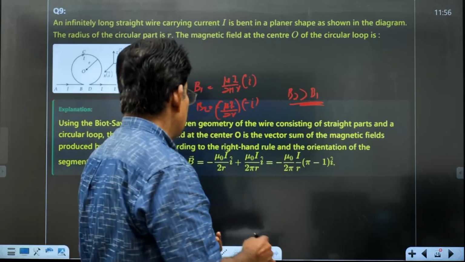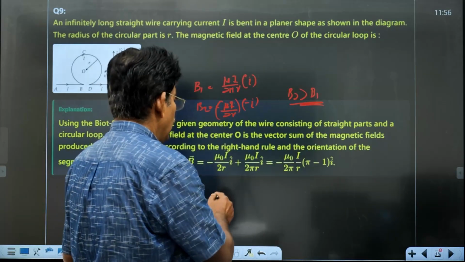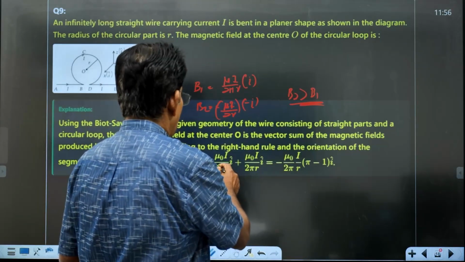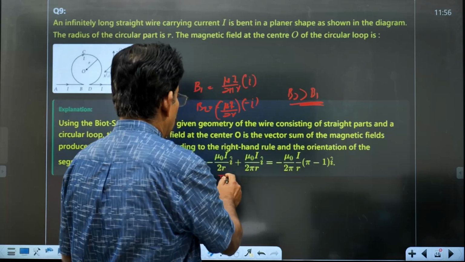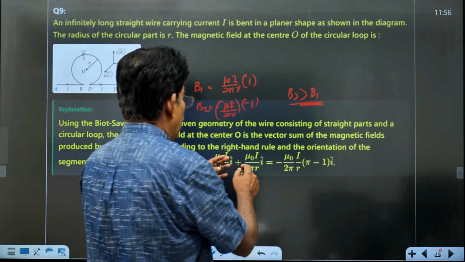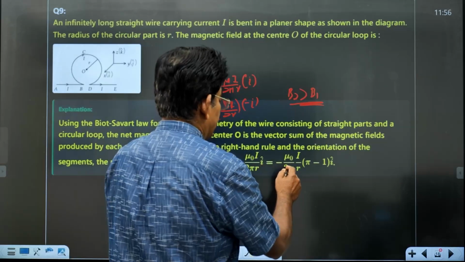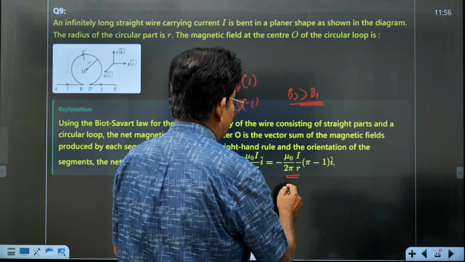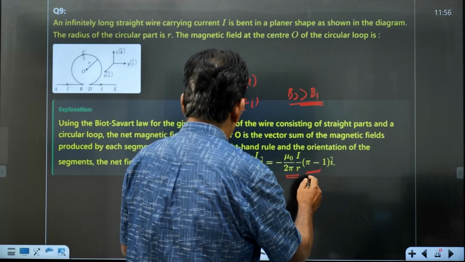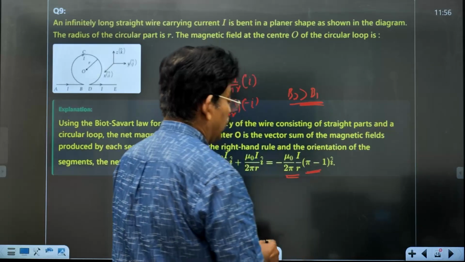Therefore, the resultant field can be given by minus mu 0 I by 2r due to the circular loop, plus mu 0 I by 2 pi r.